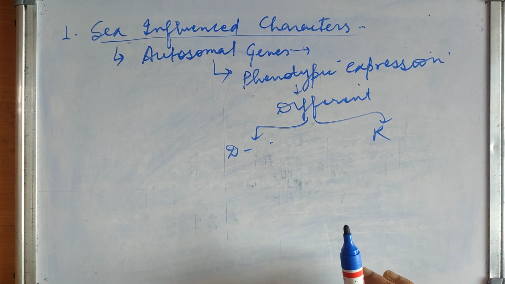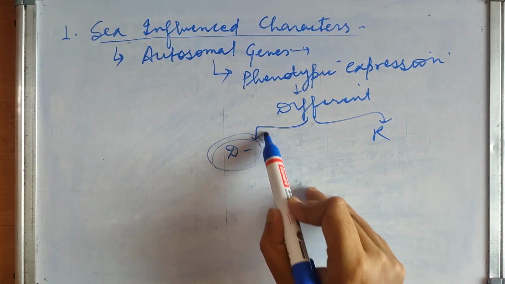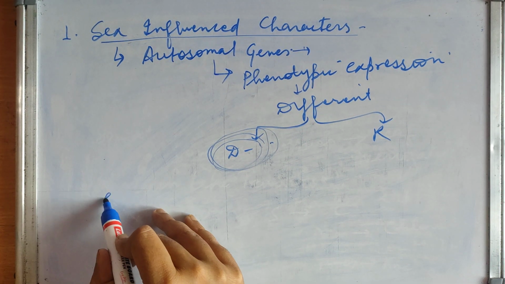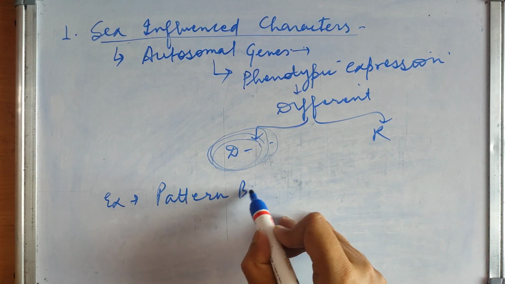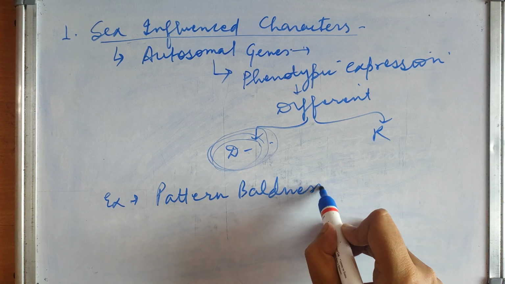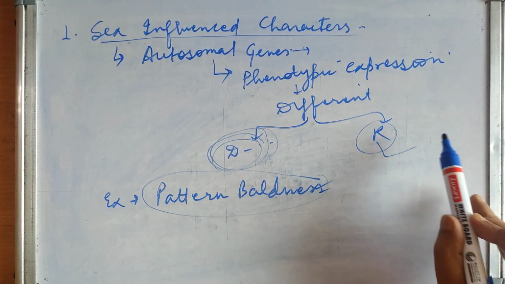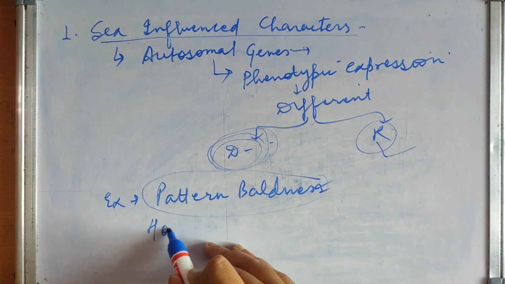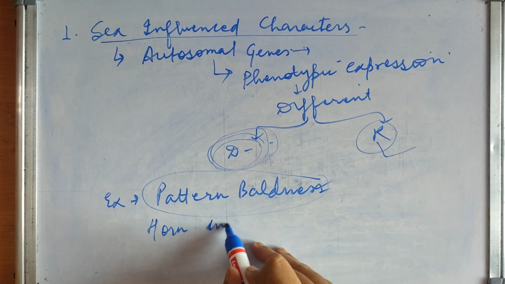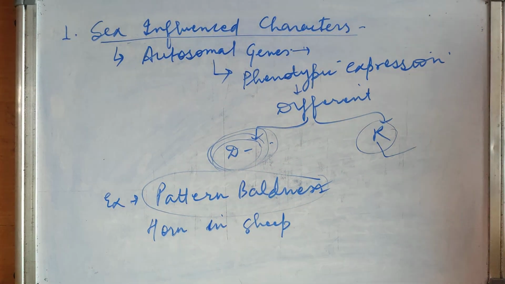In a pair of alleles, one seems to be dominant in male while the other in female. For example, take pattern baldness. It is dominant in males, so you can easily see this in males, but it is recessive in females, so we don't see pattern baldness in females. Another example is horns in sheep. So this is what sex influenced characters are.